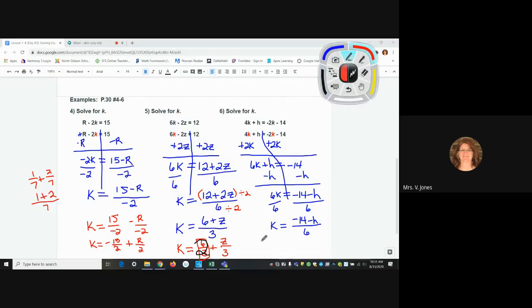This one over here, if you did it here also, you'd have a negative 14 over 6 minus h over 6. And if you wanted to simplify this a little bit, you could divide the top and bottom by 2, and that would make this a negative 7 over 3.